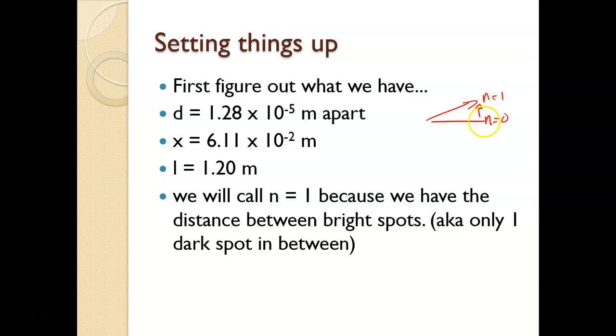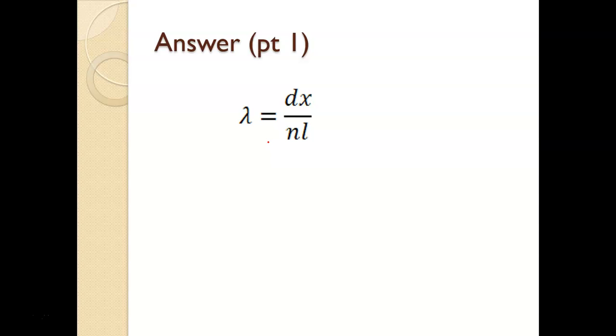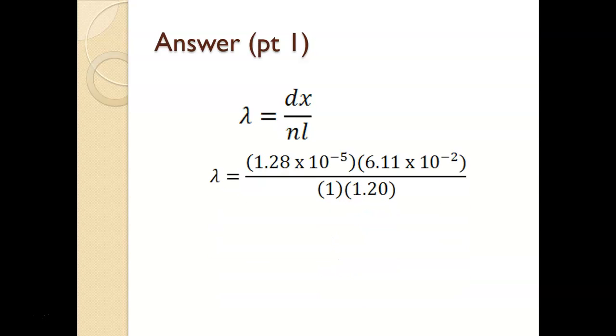And we know the distance between this bright spot and this bright spot is in fact 6.11 times 10 to the negative 2 meters. So again, we're going to use this formula. Now this will solve for the wavelength. We find that wavelength to be 6.5 times 10 to the negative 7 meters, which is red light.